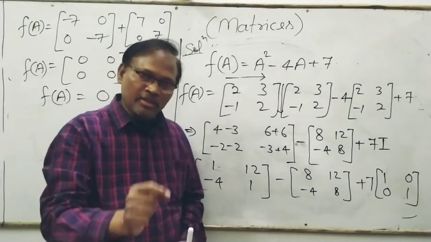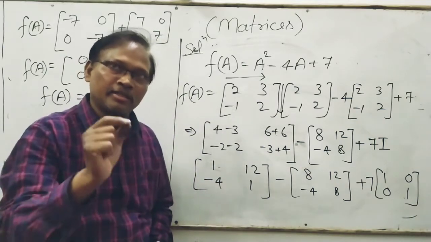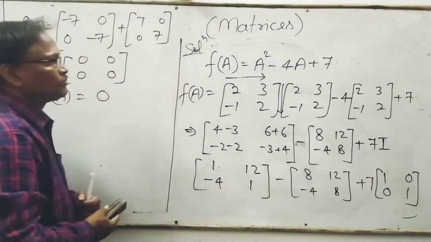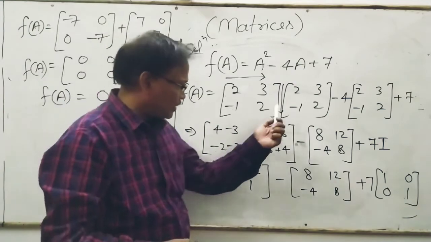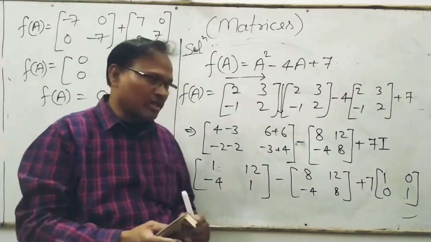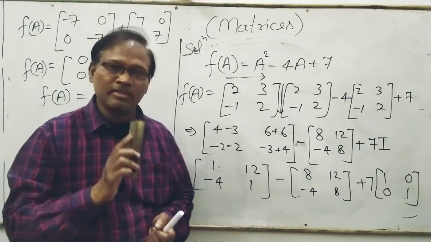it is given in the question, hence find A cube. Hence find A cube means, we have found A square here, this is the A square, this one, and multiply A square into A, this is wrong.